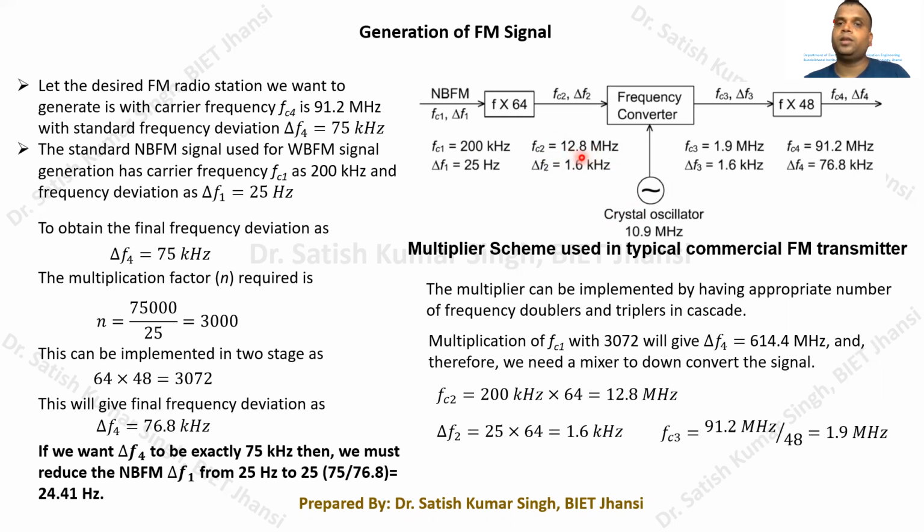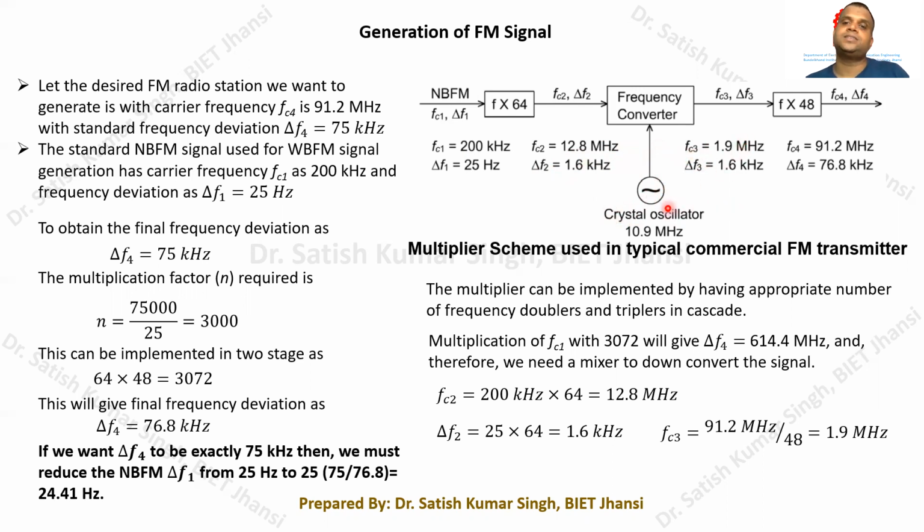If it is 12.8 megahertz, we can subtract 1.9 megahertz to get 10.9 megahertz, or we can add 1.9 megahertz to this value to get a local oscillator frequency of around 14.7 megahertz. Both are going to give you the equivalent FC3 equal to 1.9 megahertz.